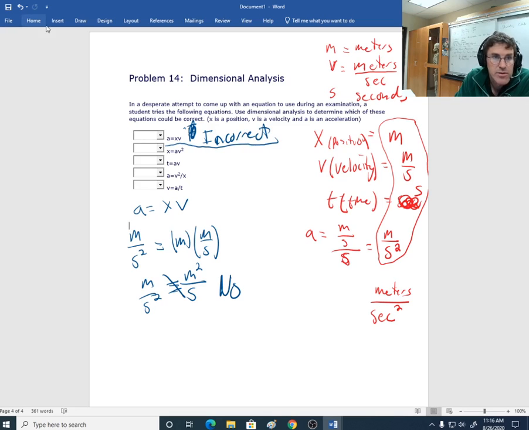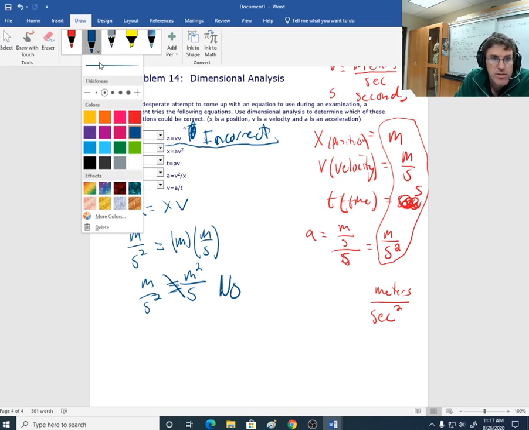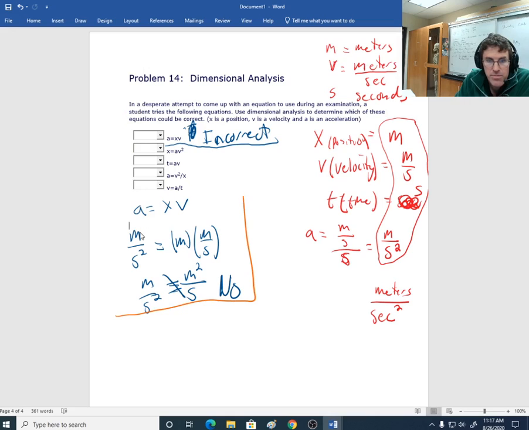Let's do another one. x equals a times v squared. Well, this is meters equals meters over seconds squared times meters over seconds, and that is squared. See, that velocity is squared.